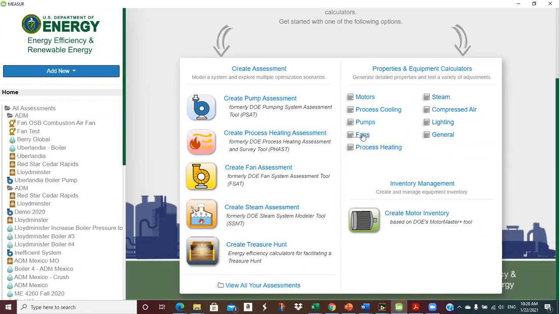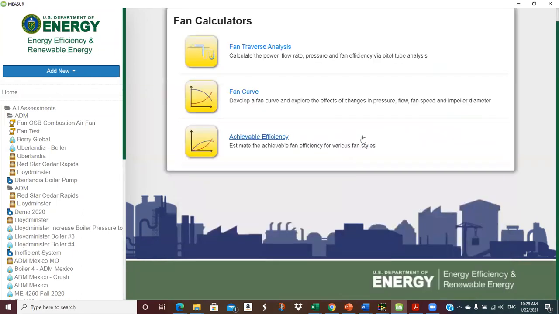For example, we're doing fans today. If I click on that, I have a fan traverse analysis. So if you've gone out and taken your pitot tube traverse, you can click on this, put in your data points, and it will calculate the power, flow rate, pressure, etc.